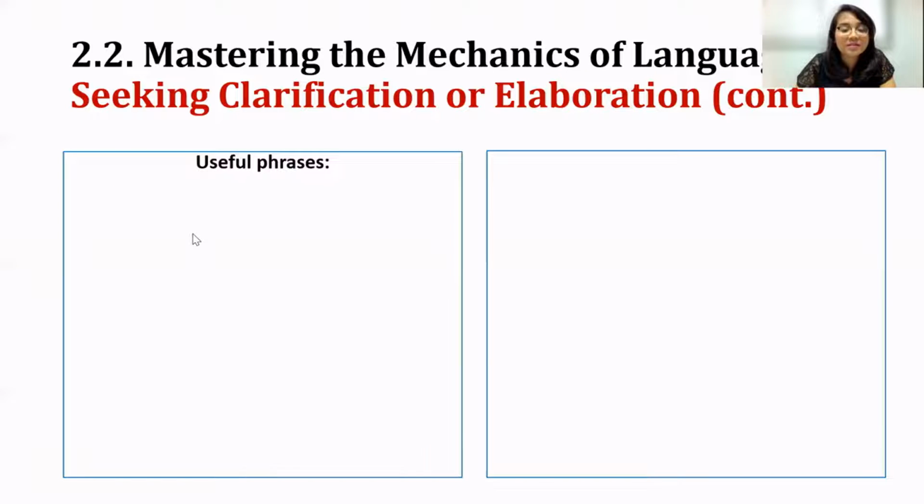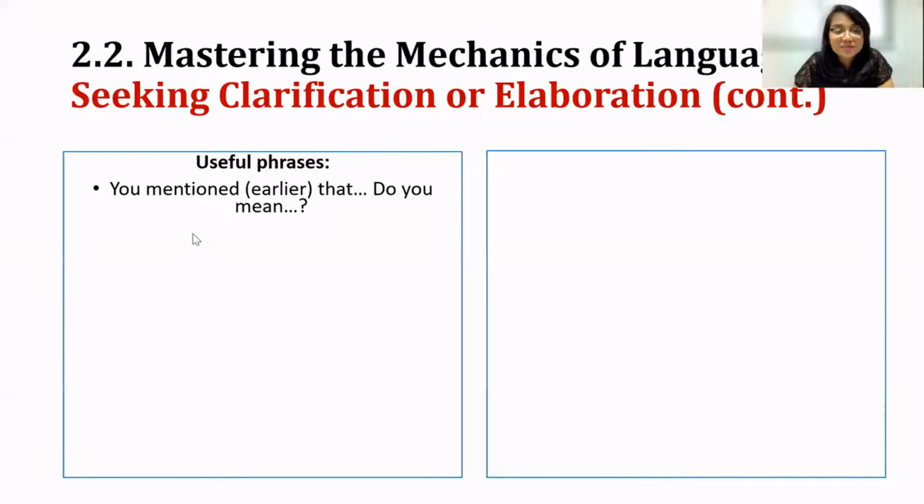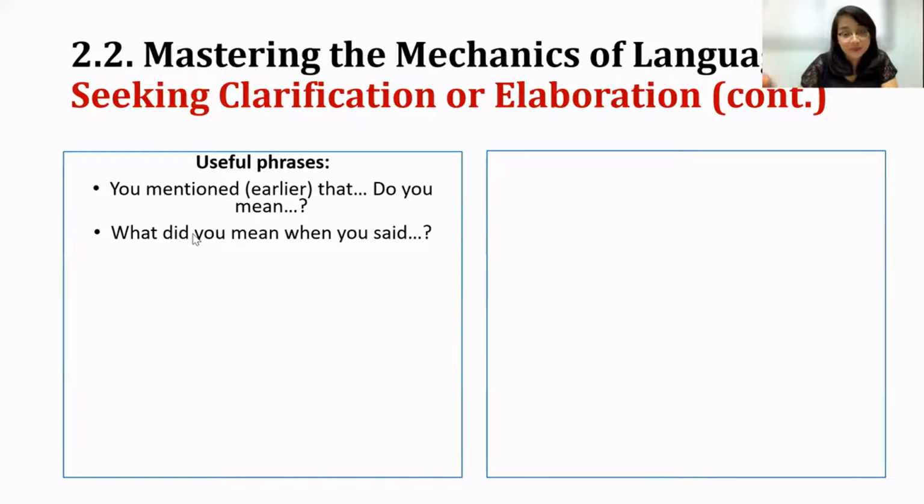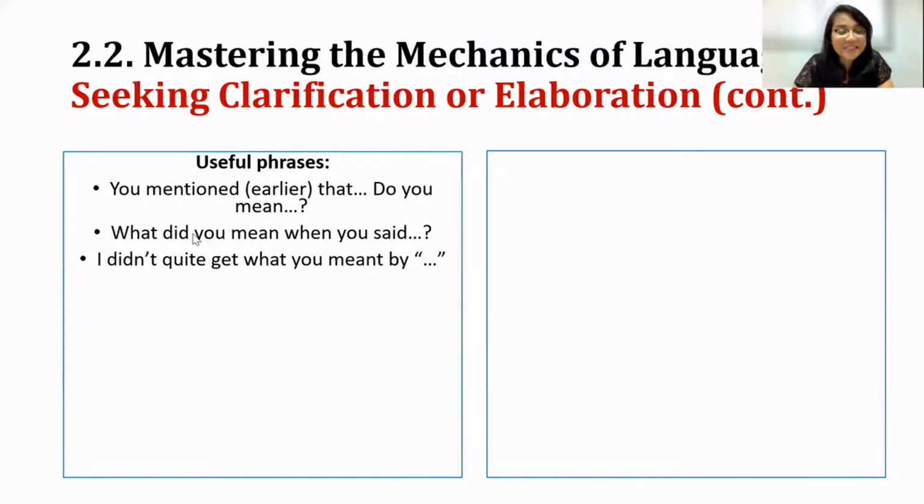The useful phrases are, you mentioned earlier that blah, blah, blah. Do you mean blah, blah, blah? It's to clarify something. What did you mean when you said, repeat after me. I didn't quite get what you meant by. Good.